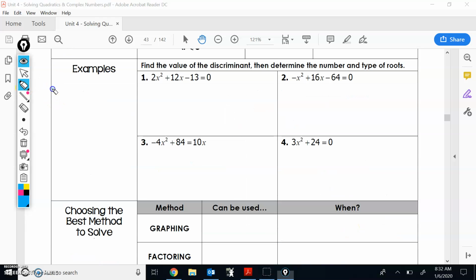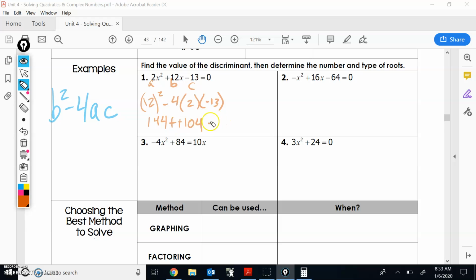Two examples. I'm going to write the discriminant formula on the side here: b squared minus 4ac. So a, b, c. b squared is 12 squared, minus 4 times a times c. Here we get 144 minus negative 104.